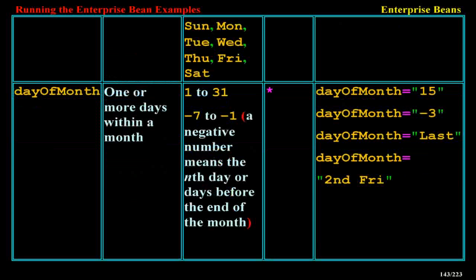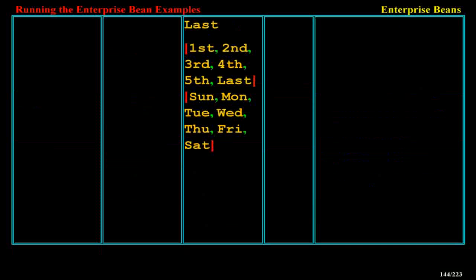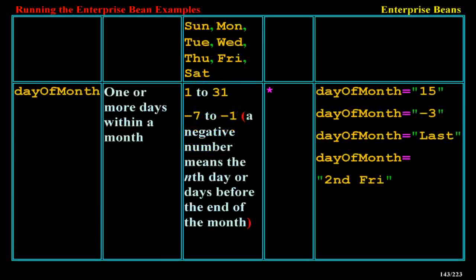Day of month: 1 or more days within the month, 1 to 31, or -7 to -1, where a negative number means the nth day or days before the end of the month. It also accepts Last, or First, Second, Third, Fourth, Fifth, Last combined with Sunday through Saturday. Examples: day of month equals 15, day of month equals -3, day of month equals Last, day of month equals 2nd Fri.